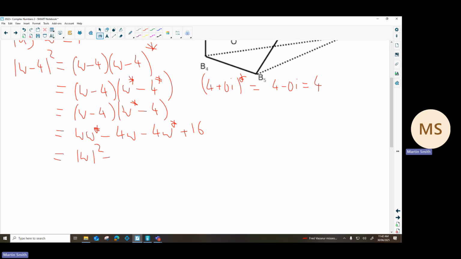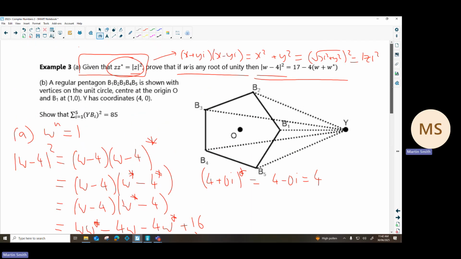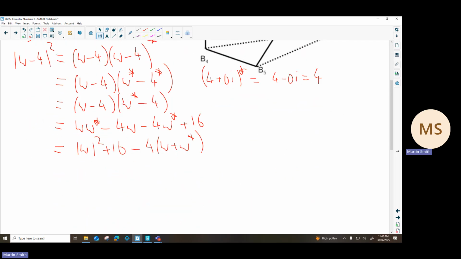I'm going to put the plus 16 next to it, and take out minus 4 as a factor of the rest. The reason for doing that is just that I can see the formula I'm looking for in that form. Right, finally, I'm going to use the fact that W is a root of unity.